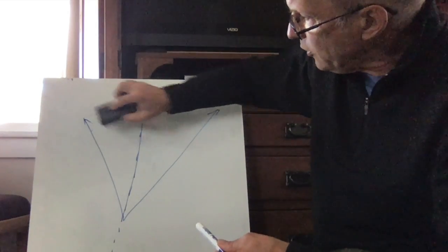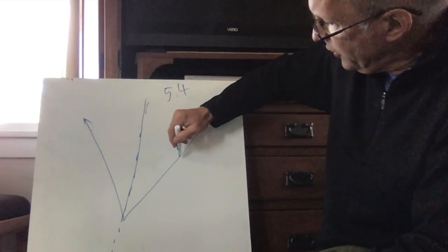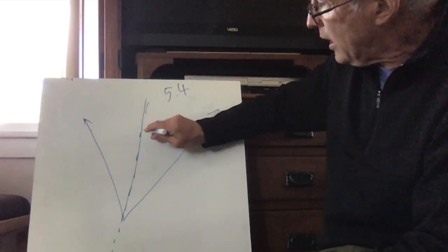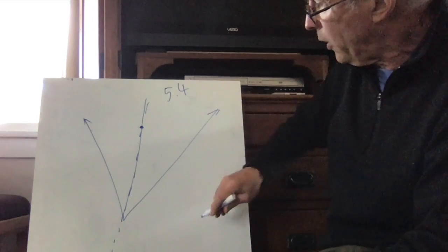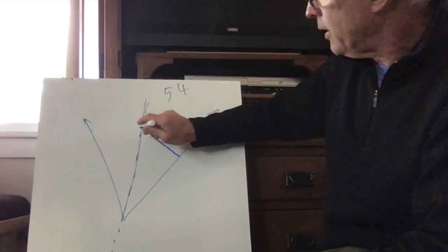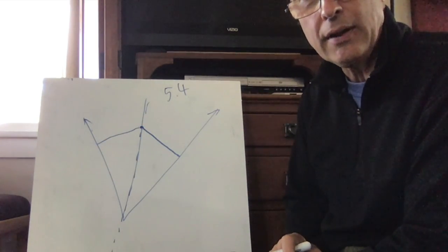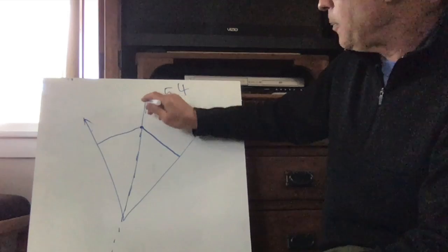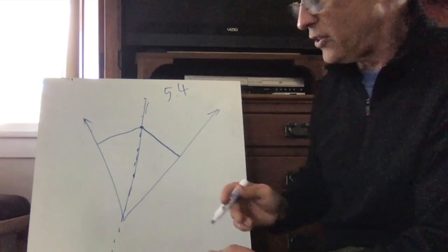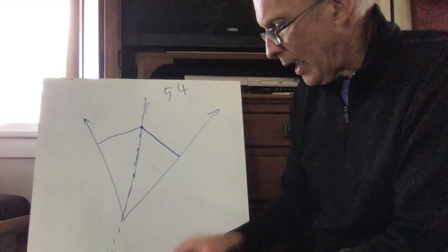If you have an angle bisector and pick any point on it, the distance from that point to one edge is the same as the distance to the other edge. Any point on this angle bisector is the same distance from the two sides.